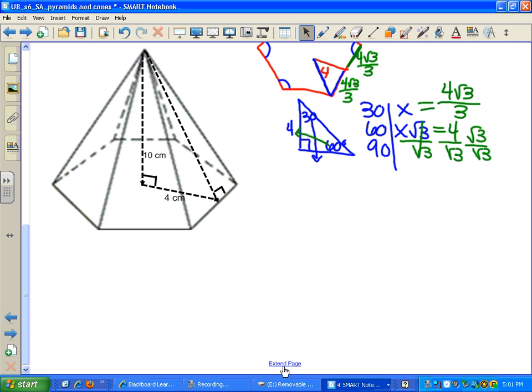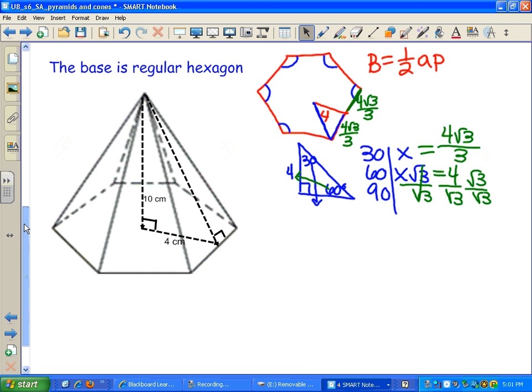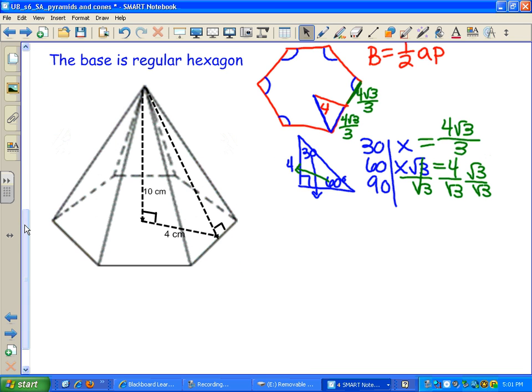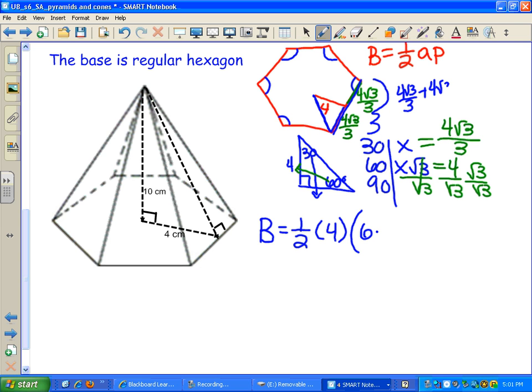Well, let's talk about our formula here. We've said area of the base is 1/2 the apothem times the perimeter. So area of the base is going to be 1/2. The apothem is 4. To find the perimeter, there are 6 sides. And I know one side, I'm going to calculate that, is 4 root 3 over 3 plus 4 root 3 over 3. Well, that's going to be a total of 8 root 3 over 3.